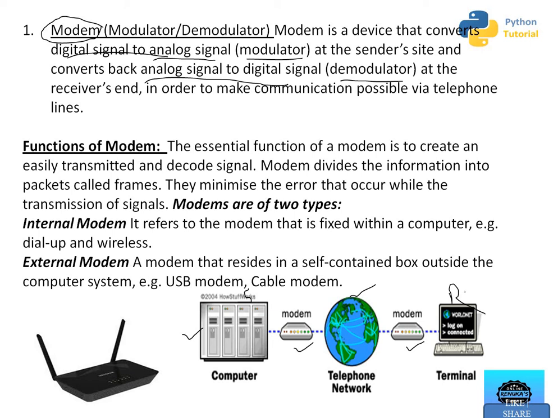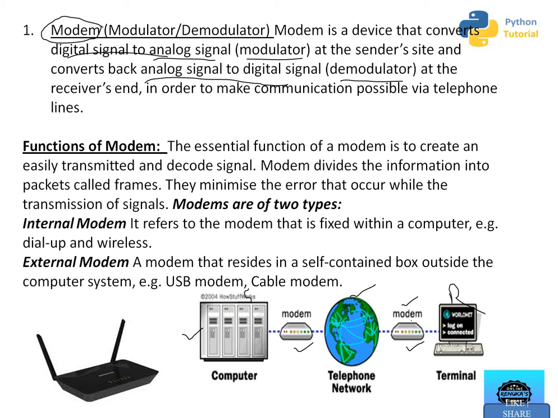But at the receiver end there is also a computer and it only understands digital signals. So the analog signal will be converted back to digital signal with the help of a modem at the receiver end. So this is how a modem works, and it converts one type of signal to another so that both the computers at the sender and receiver end can easily communicate.